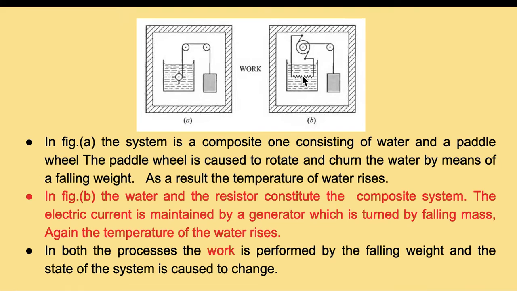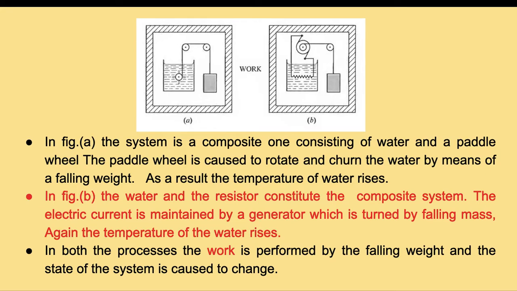So here the temperature of water is increased by the transfer of heat from this resistor to the water. In other words, considering the lower portion and the upper portion, the lower portion is heated by the transfer of heat from the upper portion. If you consider this as a composite system, then inside that system heat is generated.